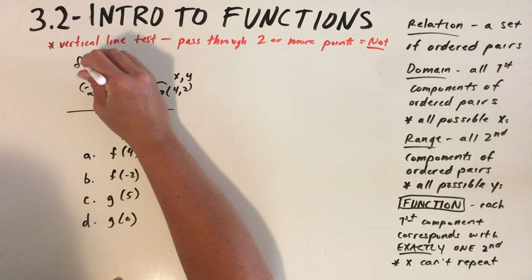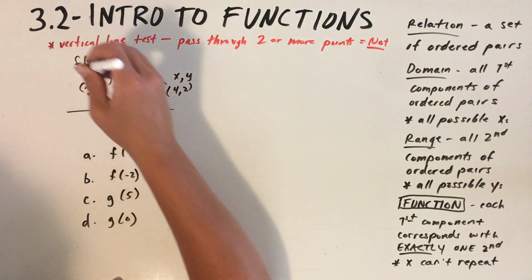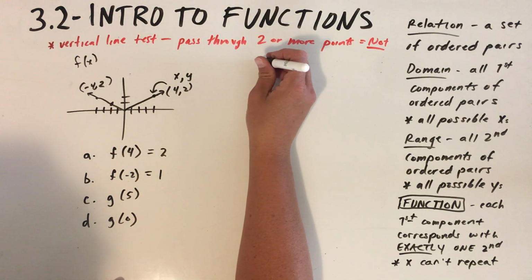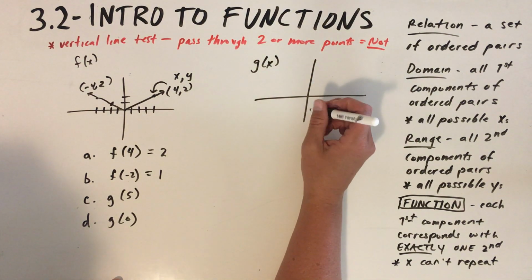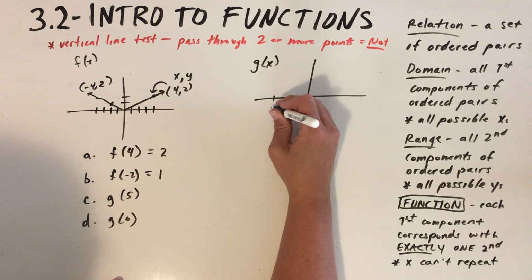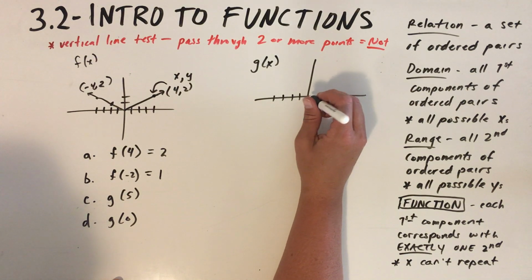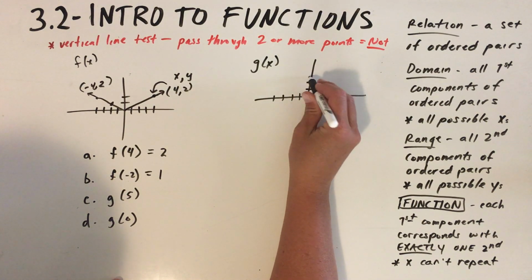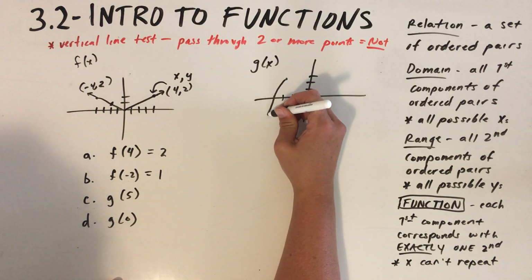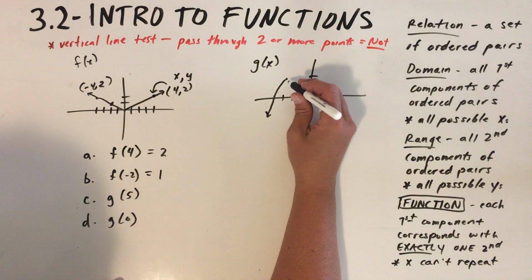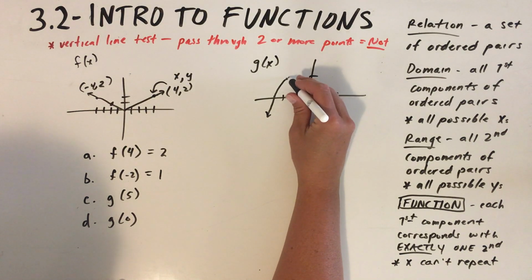So this is my f of x here, the f of x equation, and here is my g of x equation, or graph, excuse me. It looks something like this.